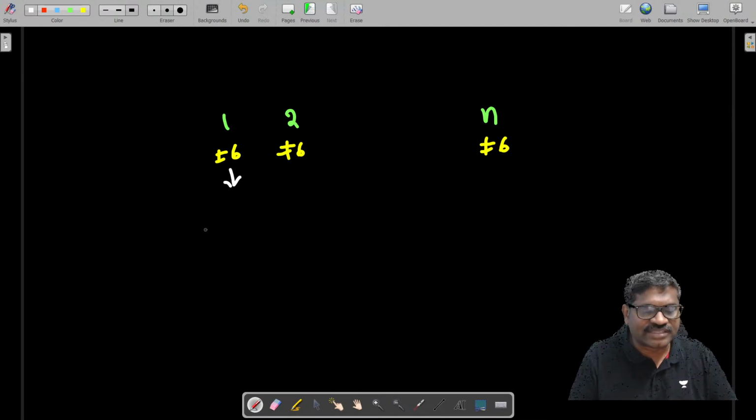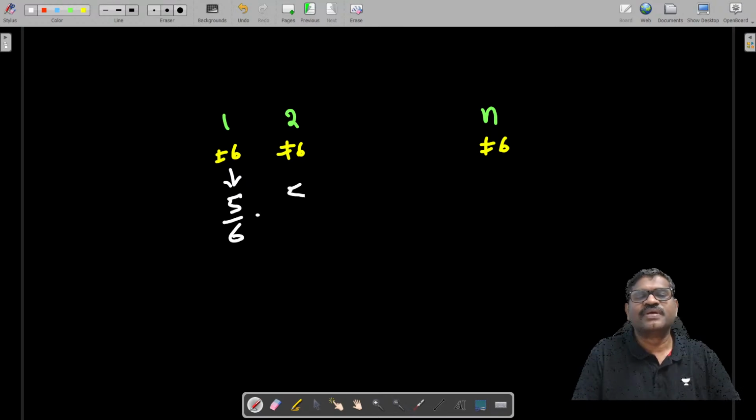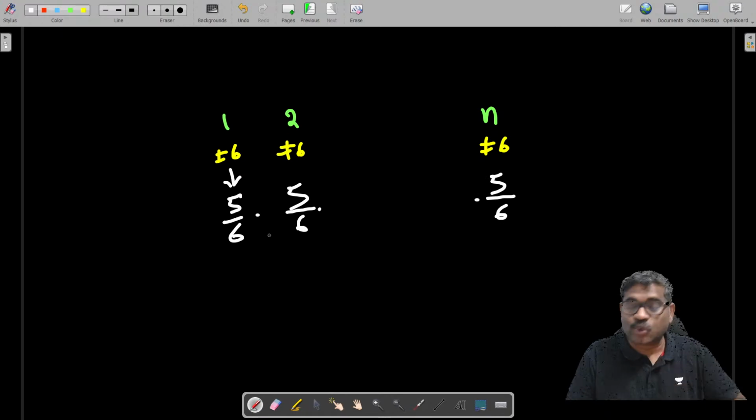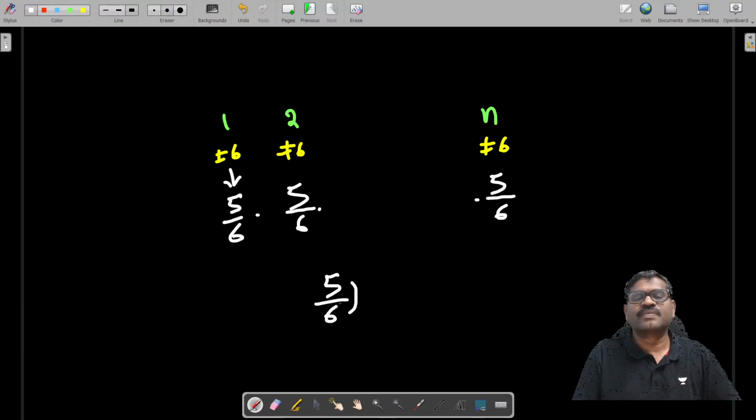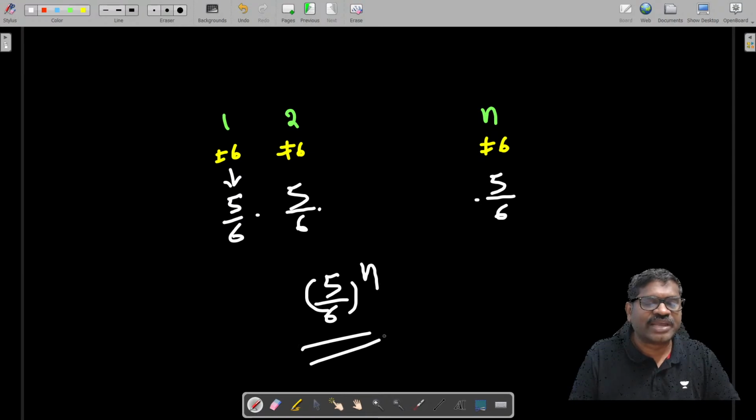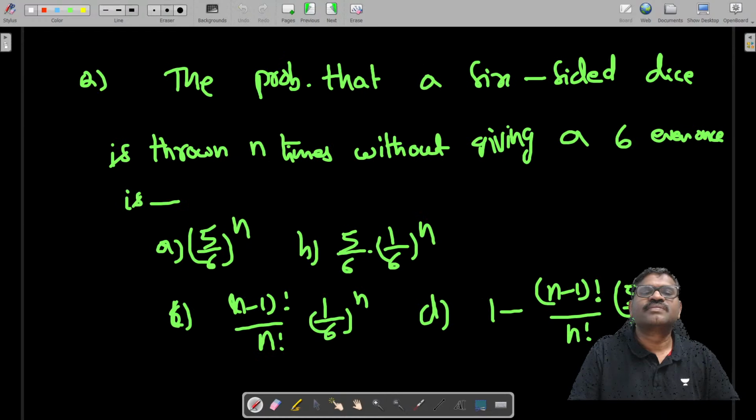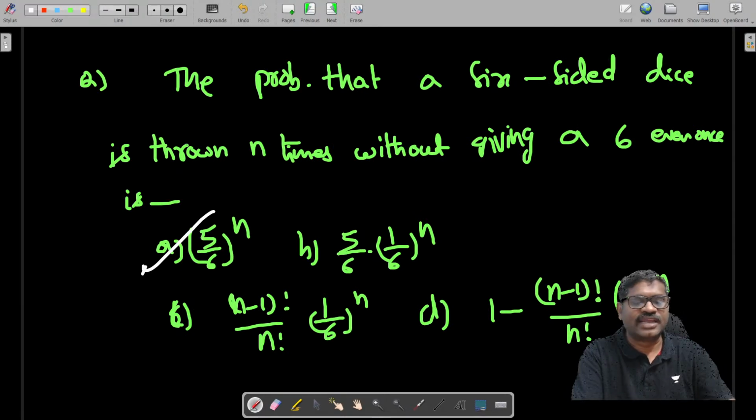Chance of getting 6 is 1/6, not getting 6 is 5/6. You should not get 6 not even once. So the answer is 5/6 whole power n.